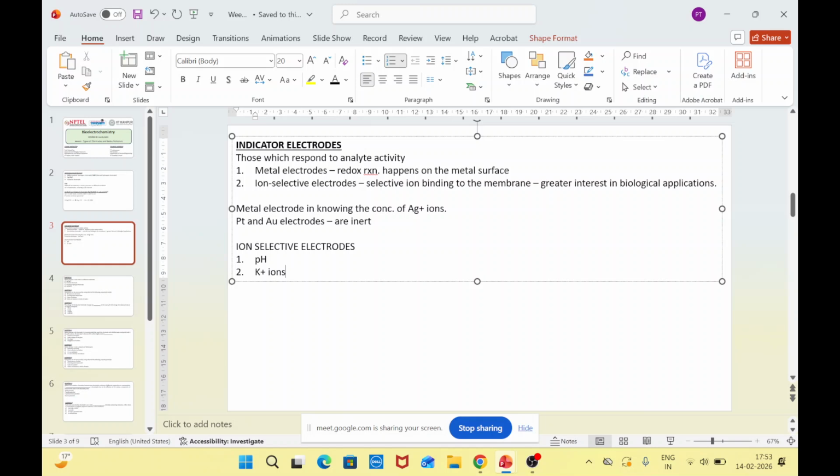As you know, pH is power of hydrogen. So you try to calculate the power of the hydronium ions or H+ ions, or you can also say the concentration of the H+ ions. For this pH sensor, we typically use a glass electrode.